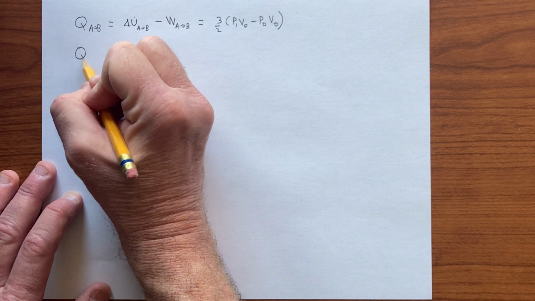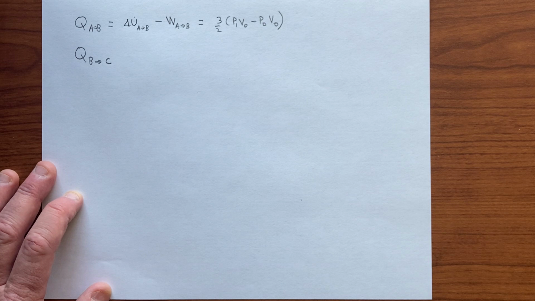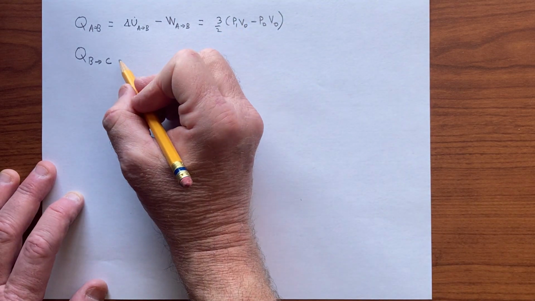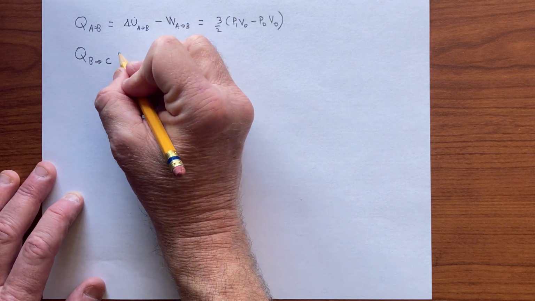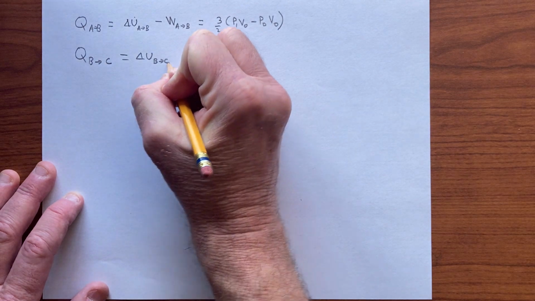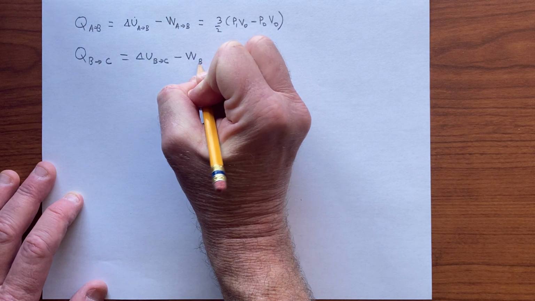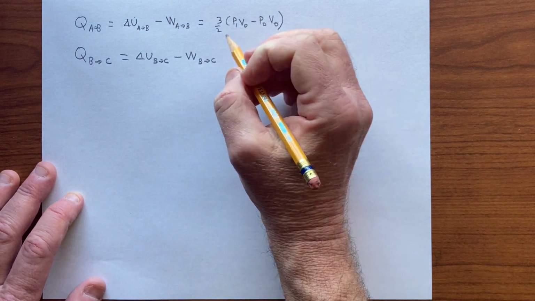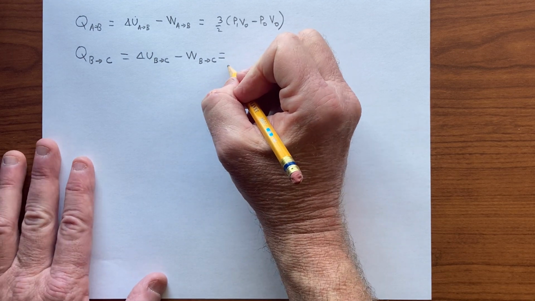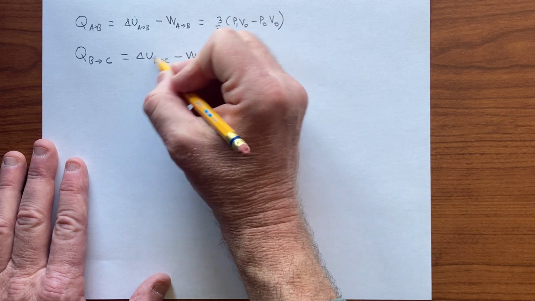And heat in the process going from B to C, we have delta U, B to C, minus work, B to C. There's no change in temperature.